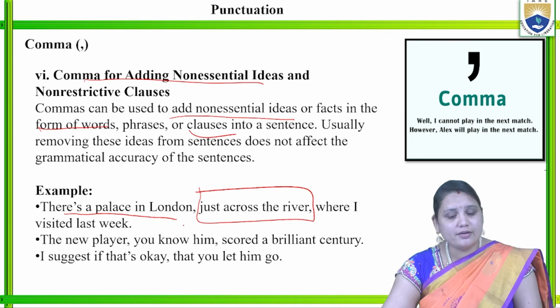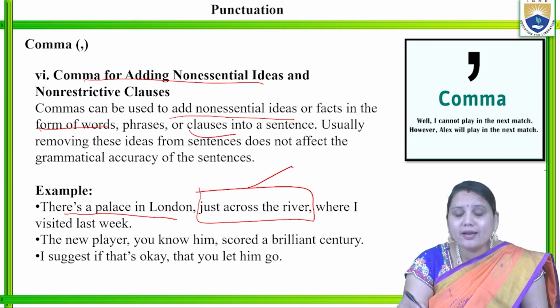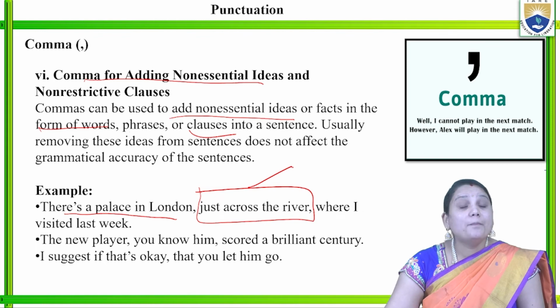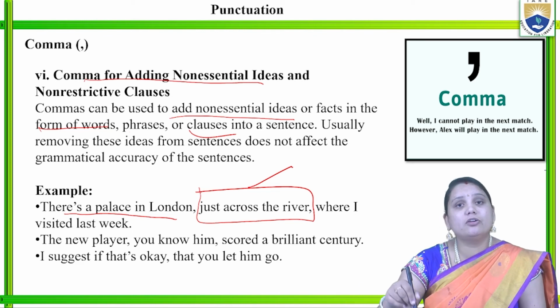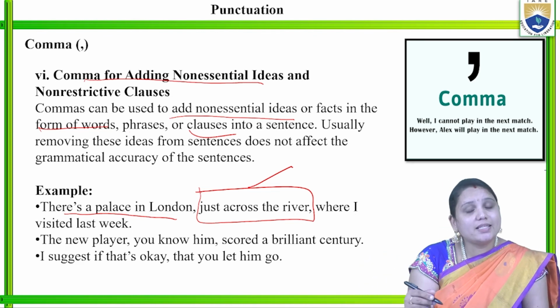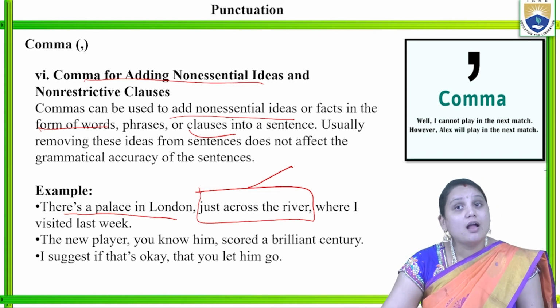There is a palace in London where I visited last week. Can this sentence stand by its own? Of course it can. This is a non-essential idea. But still, it is giving worthwhile meaning to that particular sentence at that particular time. See the essence in reading it. There is a palace in London, just across the river, where I visited last week.